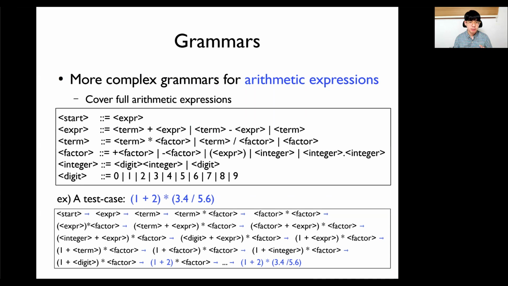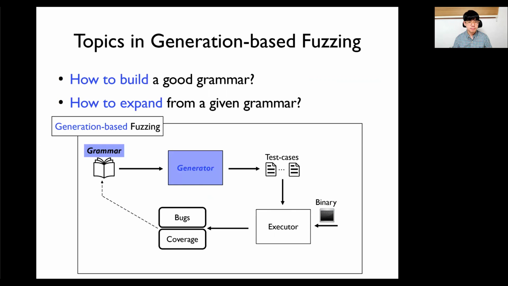What you should pick up on this slide is that generating a test case from this grammar for arithmetic expressions is much simpler than describing actual program syntax, but it still seems very complicated. That is, research topics in generation-based fuzzing can be divided into two main questions. The first topic is about how to build a good grammar for effectively explaining the syntactical structure of the inputs.